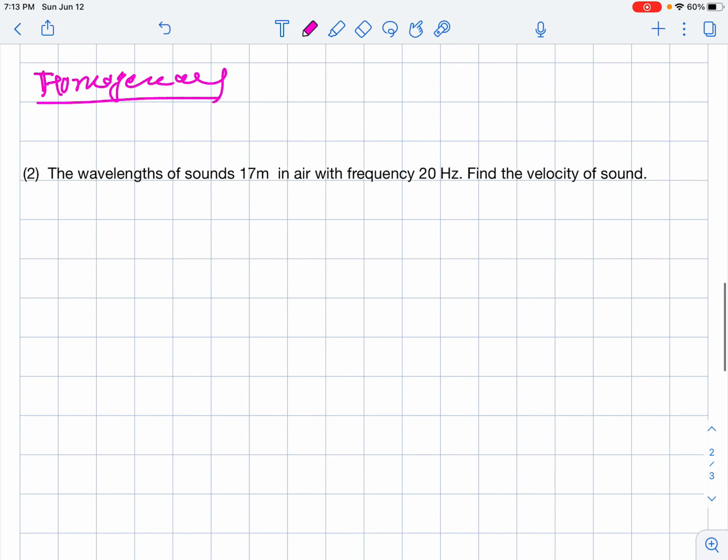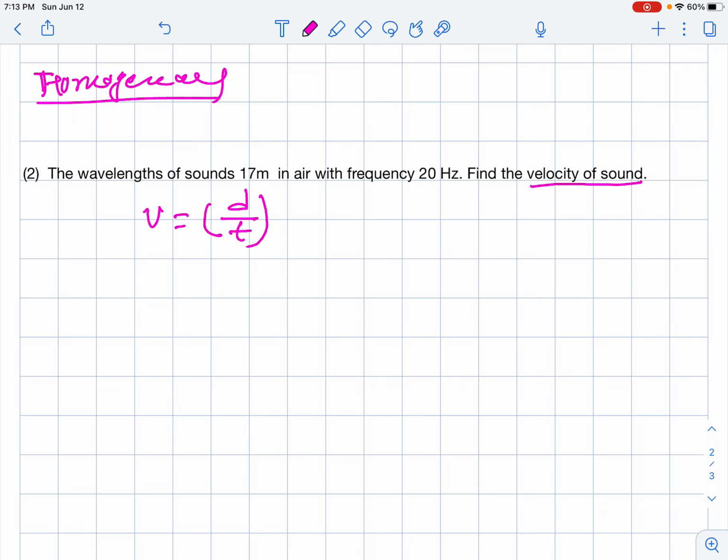In the next problem, which is relatively new for you, we are calculating the velocity of sound in air. What is velocity? Velocity is distance upon time.